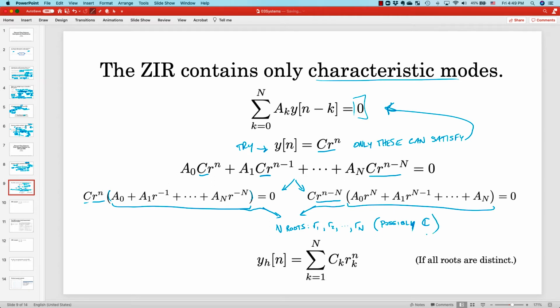So what this means is that all capital N of these roots work in this equation, which means that linear combinations of them will work as well. So I'm allowing for different scaling factors, and these are what are called characteristic roots that we're plugging in here. So finally, I can answer the question of what a characteristic mode is, and it's simply this: a characteristic root raised to the n.